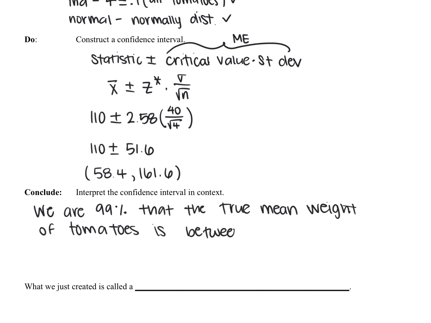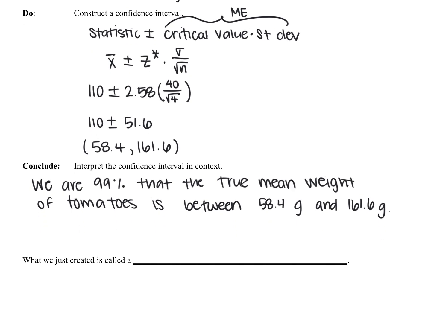Now with means, when you write your sentence, you do need to include units. Because when we did proportions, since those were percentages, we left it as a decimal. They don't have units. But here we're going to have units. So it's 58.4 grams and 161.6 grams.